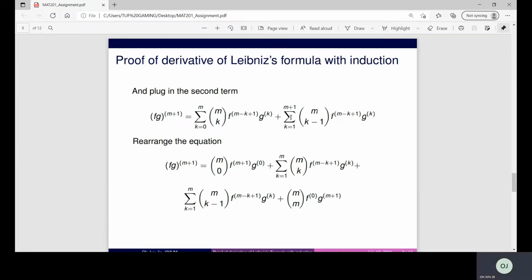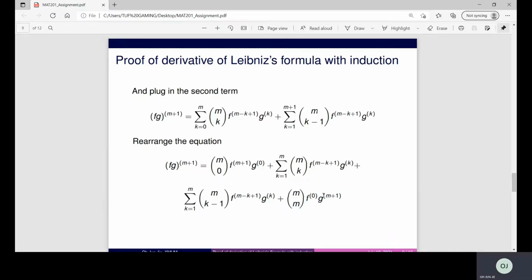And then consider the second term. We may set k equals m plus 1. So consider the last term.